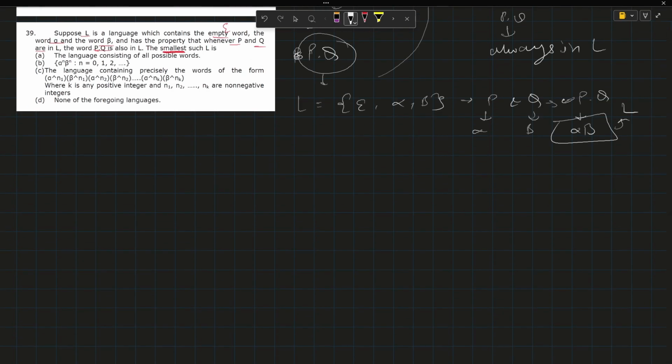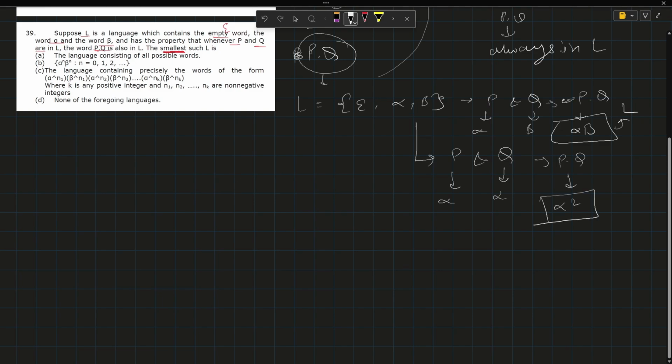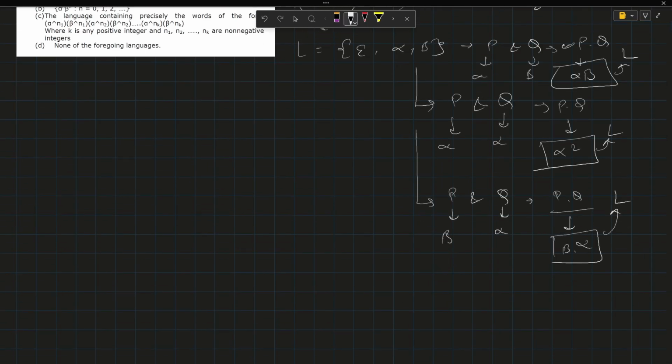Now take P as alpha and Q as alpha. So PQ is going to be alpha squared, so it's also in L. Now take P as beta and Q as alpha, and then PQ is beta alpha, and it's also in L. Now you can iterate in many ways.